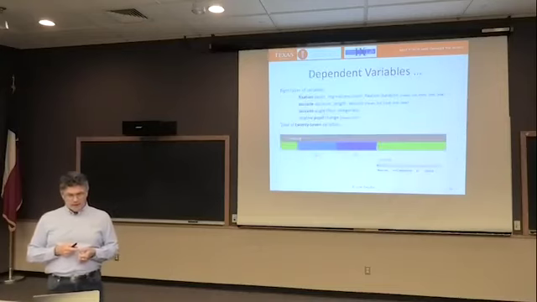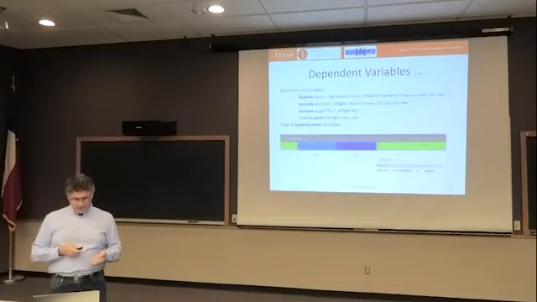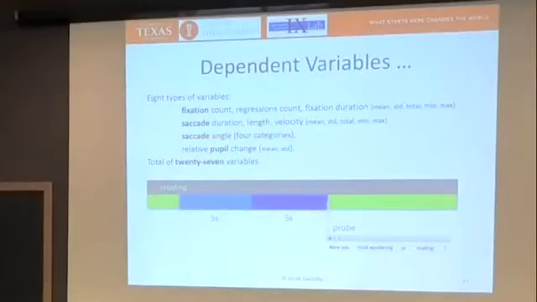And a number of different eye tracking based variables were used, a total of 27, including counts of fixations and regression count. That is, regressions are the eye movements that are against the direction of reading, so going back in the line, going in the other direction.